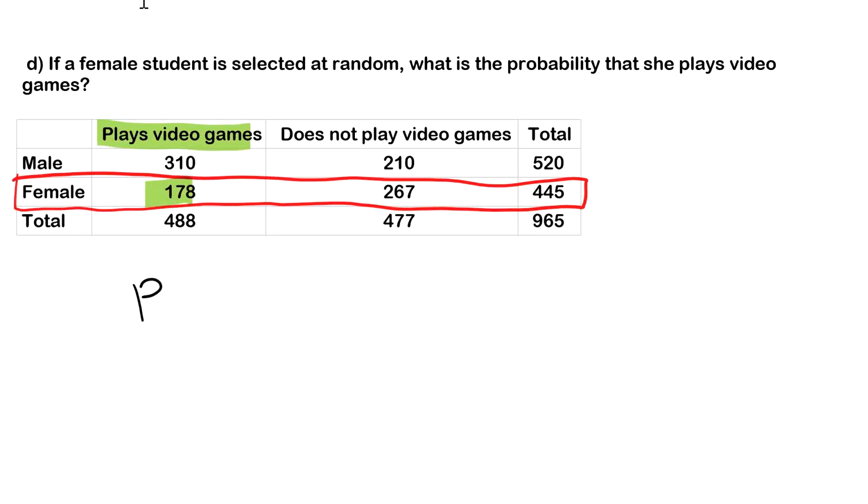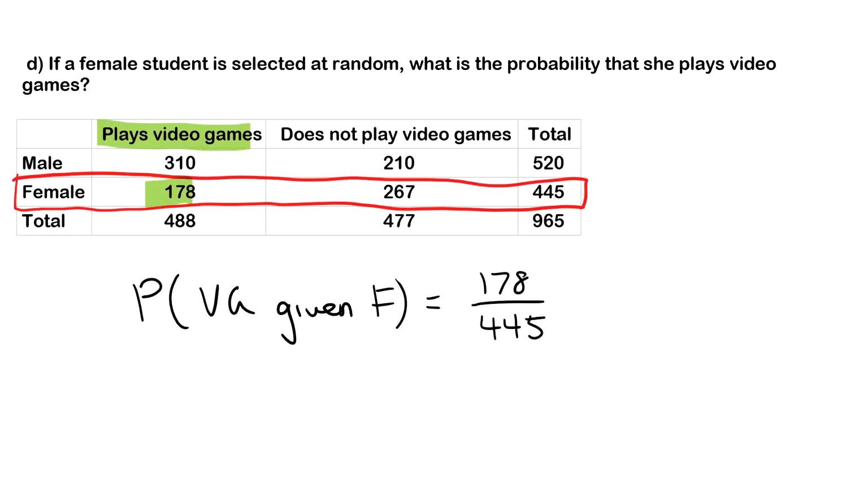So the probability that she plays video games given that the person is female is 178 over 445. We can simplify that down to 2 over 5. This time we weren't told percentage probability, so we can leave it as 2/5.